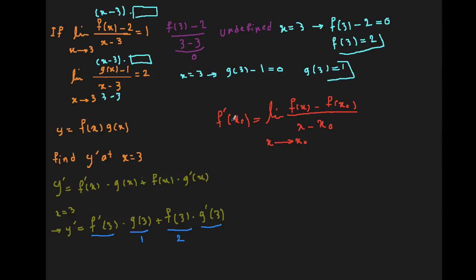So here x0 is 3, and we find f prime of 3. f prime of 3 is the limit of f of x minus f of 3. This is the basic definition of a derivative in a math textbook, so we just apply it here.